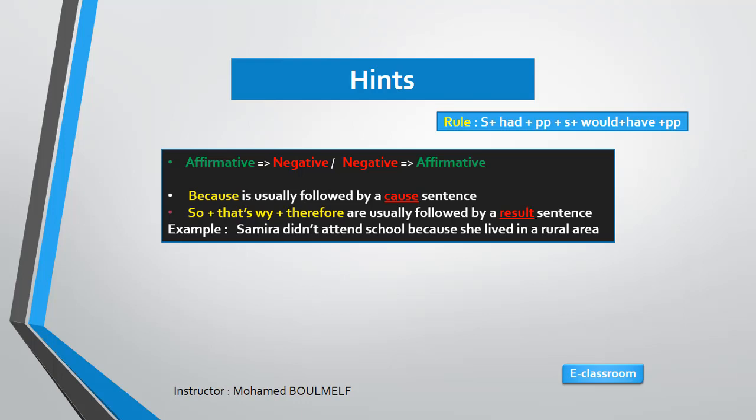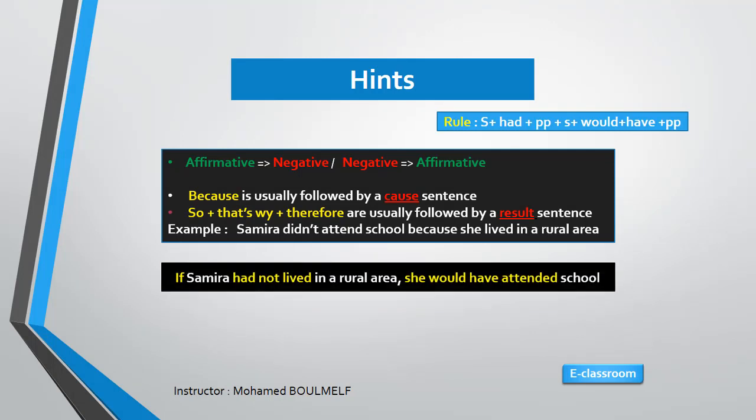So here, guys, what do you think is the cause sentence and which one is the result sentence? Of course, guys, the cause sentence is the next one, and we're going to implement it. So we say, if Samira had not lived in a rural area, she would have attended school.